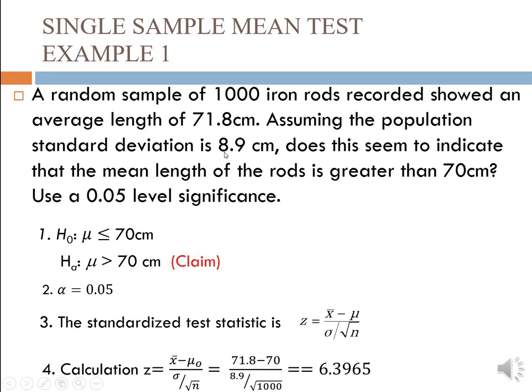Assuming the population standard deviation is 8.9, which means that the standard deviation has been provided. So we proceed to apply the Z statistic, assuming the population is normal. So that is Z equals x bar minus mu over sigma divided by the square root of n.